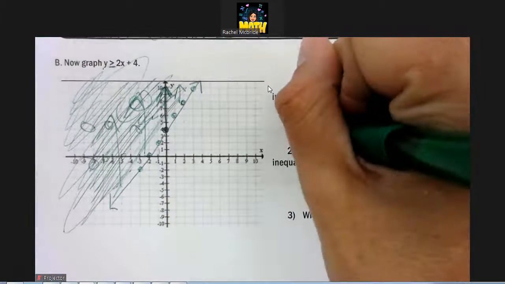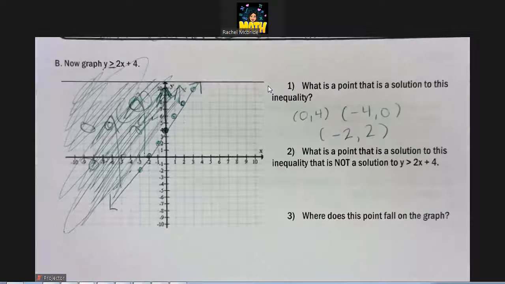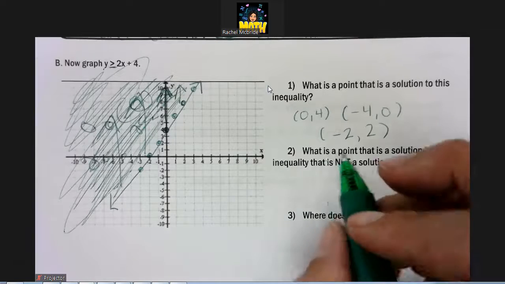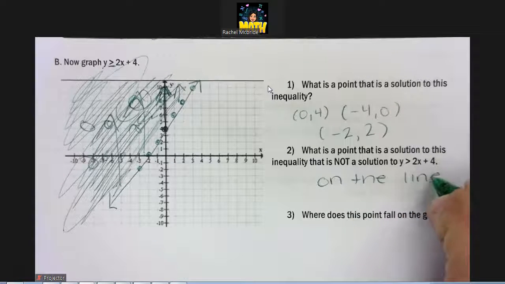So there are a ton of solutions. What is a point that is not a solution to this inequality? Well, now anything on the line would not be a solution.